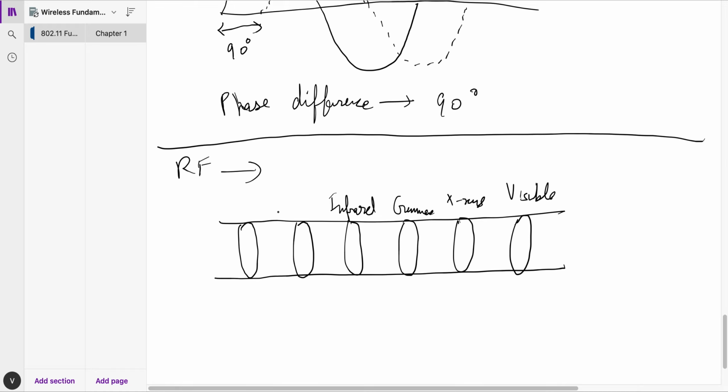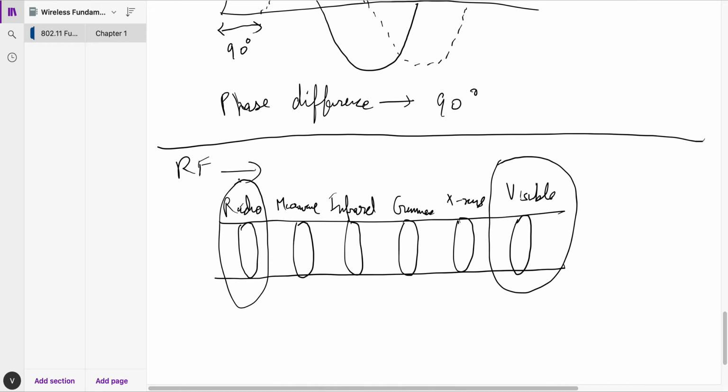This is microwaves or radio waves. Let's say this is radio waves. This is microwaves. So what we can see with our naked eye is the visible spectrum. Where we transmit Wi-Fi is called the radio wave spectrum. And this entire thing is the electromagnetic spectrum.